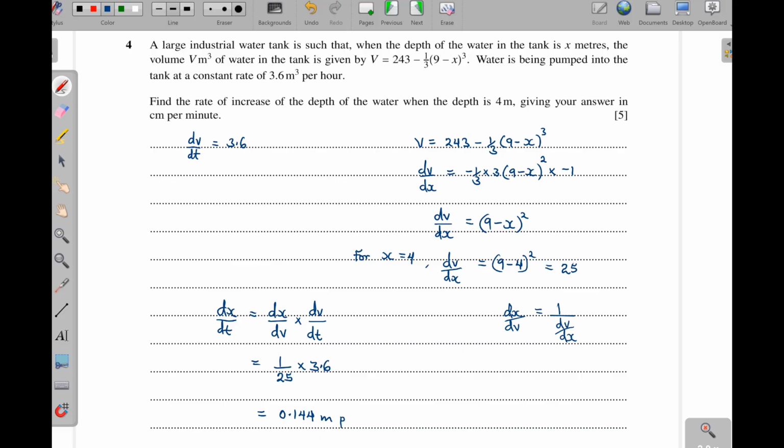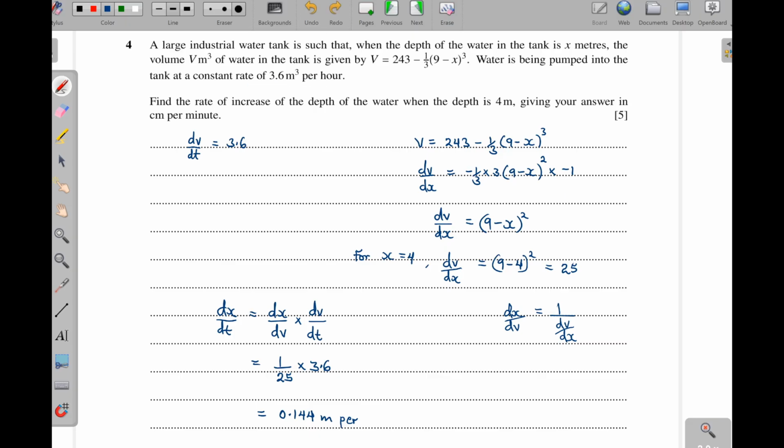And this will be meters per. This one here is meters, okay, because we dealt with x in meters. So that is meters per, because time is given in what? In hours here, you see, because the rate in volume was per hour.